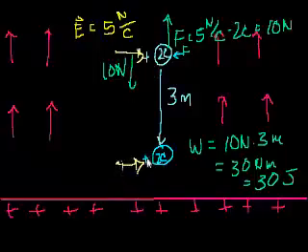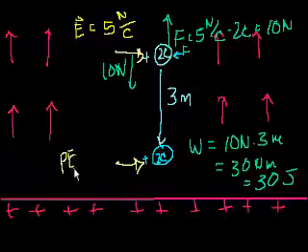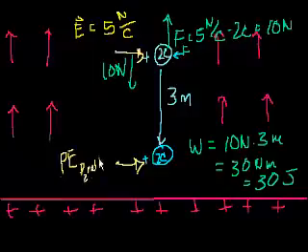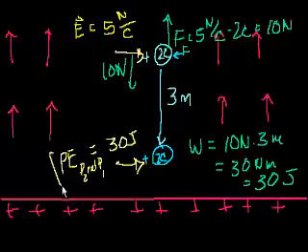So the electrical potential energy here relative to here, and this is electrical potential energy, you could say, P2 relative to P1. I'm using my made-up notation, but that gives you a sense of what it is equal to 30 joules. And how could that help us?